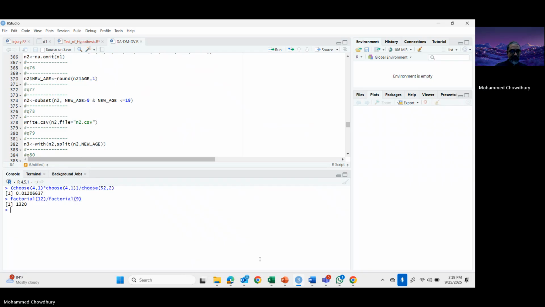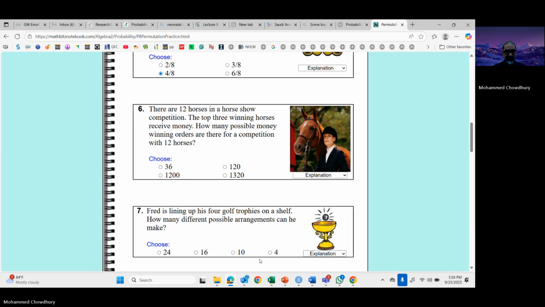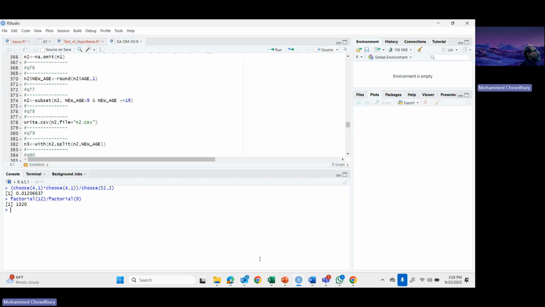Is 1320 the answer? Yeah, because order matters, right? Who got the first position, who got the second position? You understand, right? So that is the permutation.